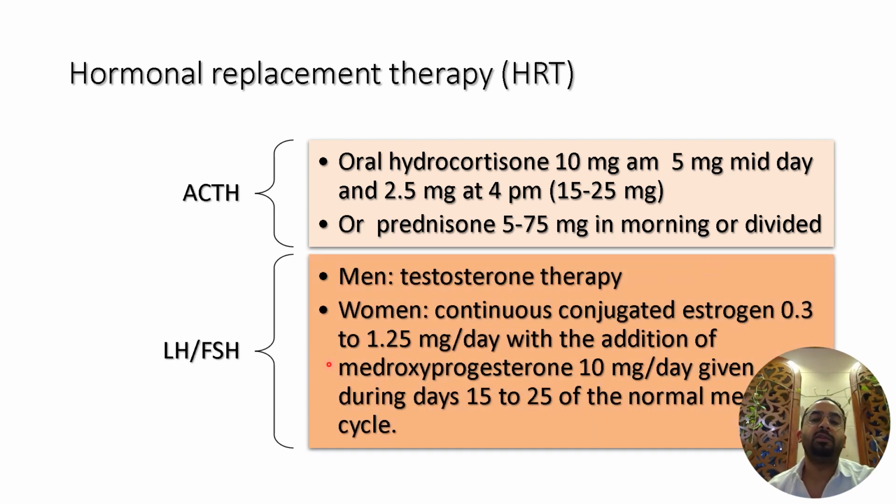For hypogonadism, we replace with testosterone therapy for men, and for women we give continuous conjugated estrogen therapy in a dose of 0.3 to 1.25. In addition, we have to give the patient cyclical progesterone, for example hydroxyprogesterone, from day 15 to 25 to induce a menstrual cycle.